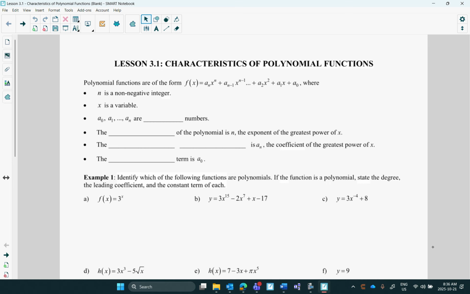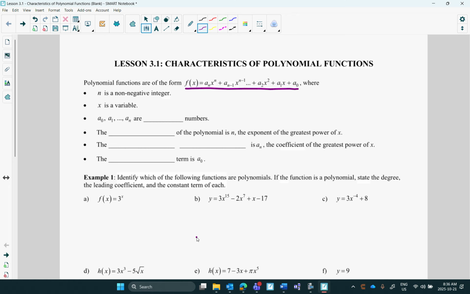So a polynomial function looks like this. Now, don't get thrown by this. It looks very mathy. But basically, a polynomial function, it's got numbers and variables in it, and adding and subtracting, so it's got terms in it, 1 to however many number of terms.